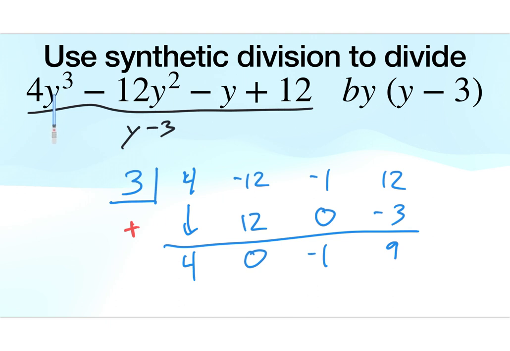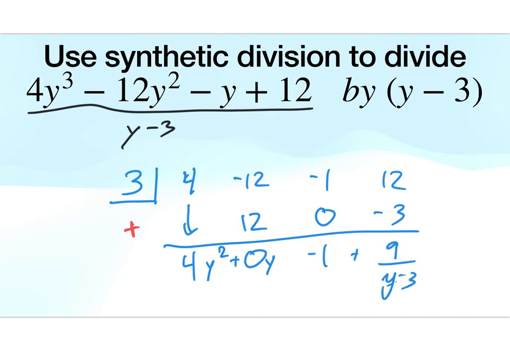I was originally cubed, so this would be y squared plus 0y minus 1 plus 9 over y minus 3.